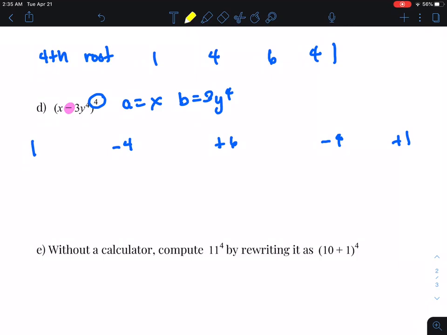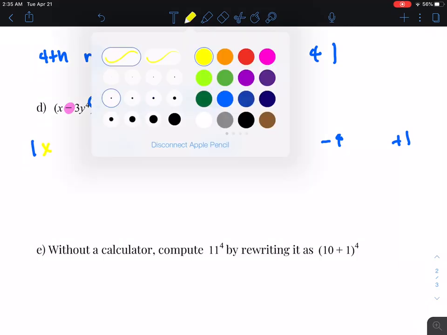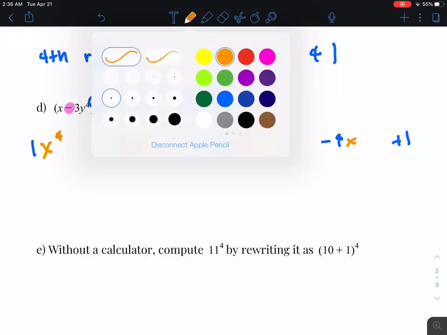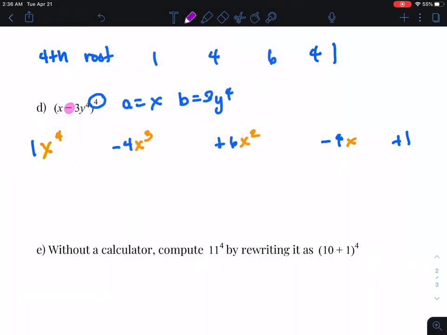Start with our x. X to the 4th, x cubed, x squared, x, and of course x to the 0 is 1.